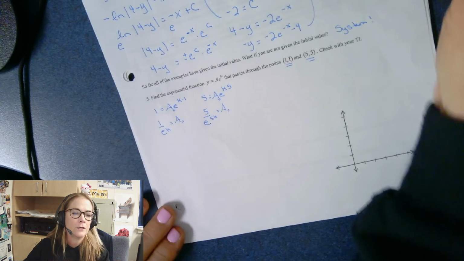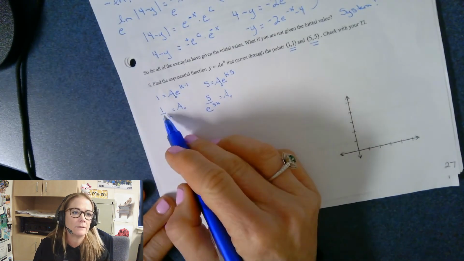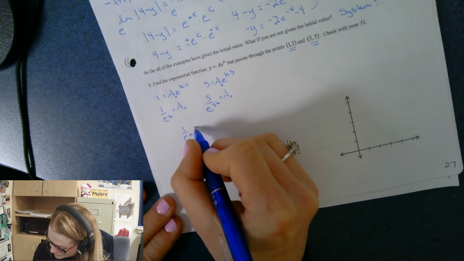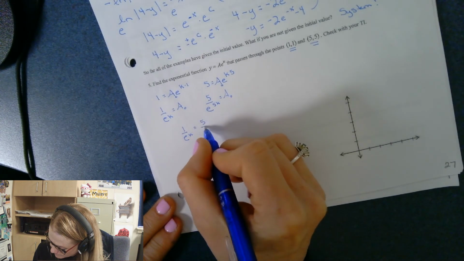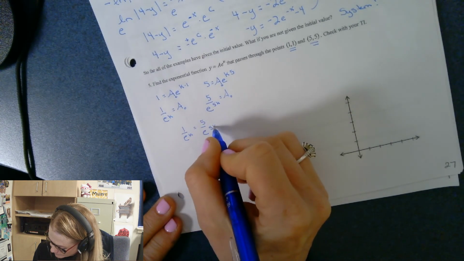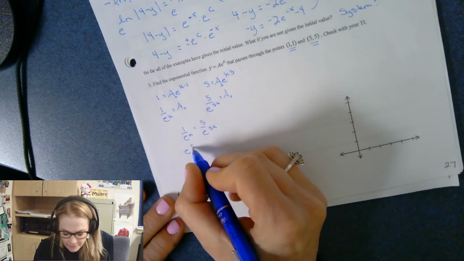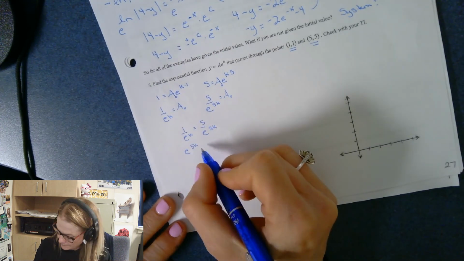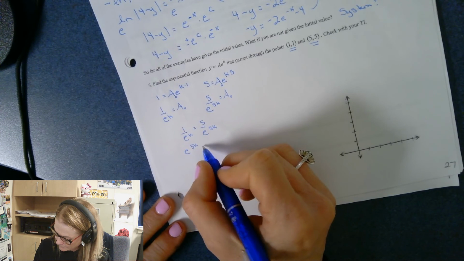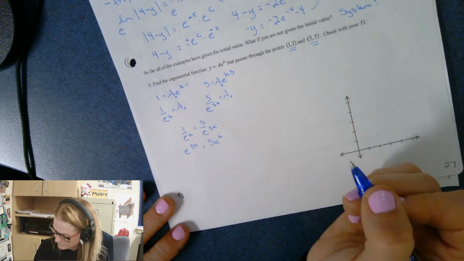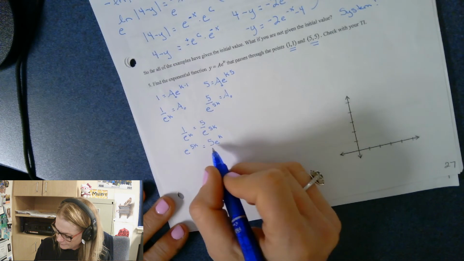All right. So if a equals this and a equals this, then I can set these equal to one another. Okay, so e to the 5k here equals 5e to the k. All right, and I'm going to divide out the e to the k here.